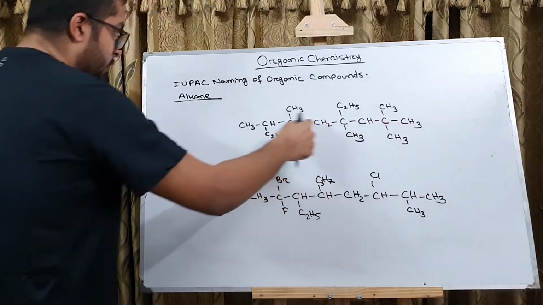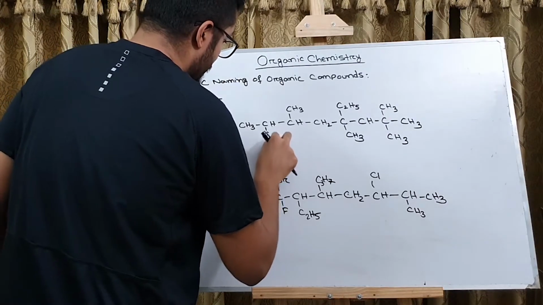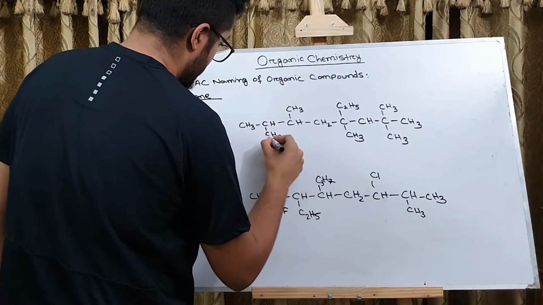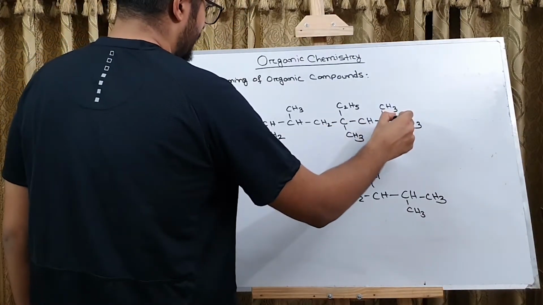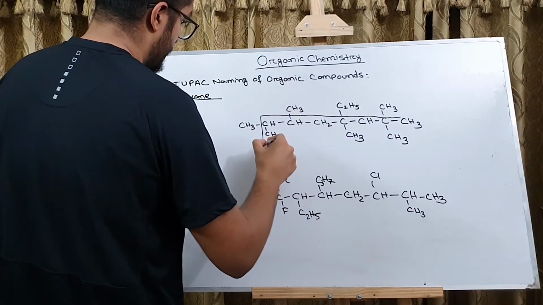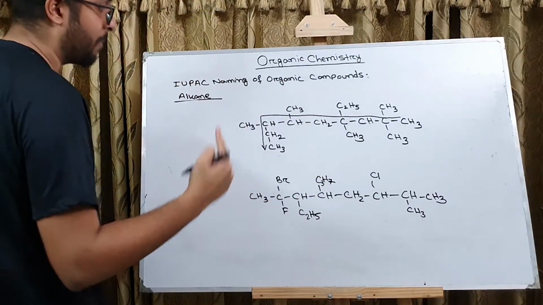So this one would be the longest chain. If I break this one, this would be something like this. Clear? So I have my longest chain, which is this one, a 9 carbon based organic compound.